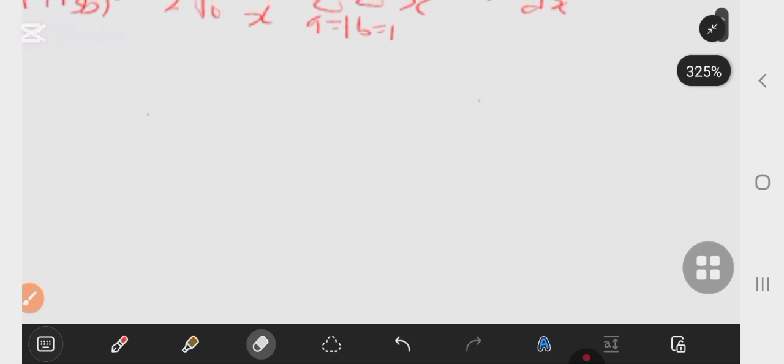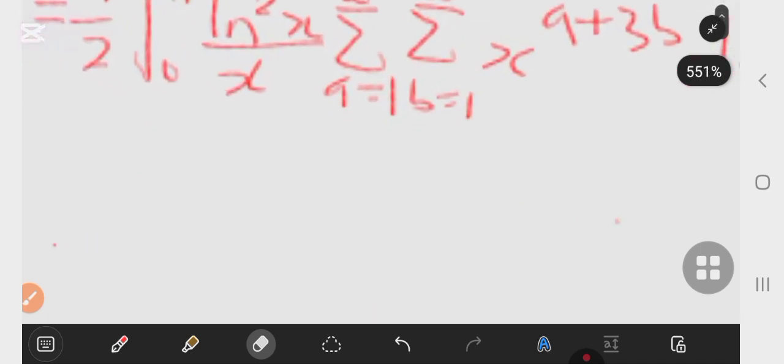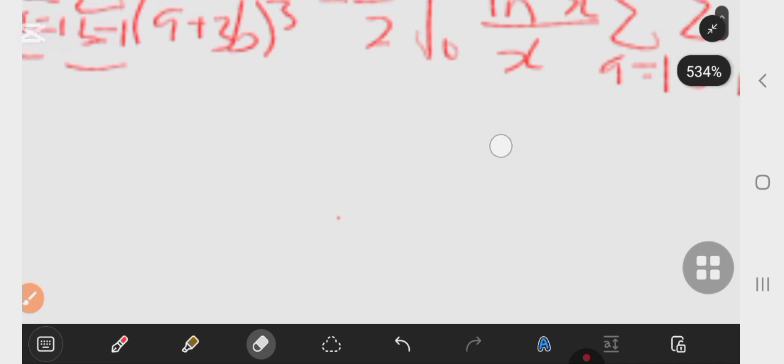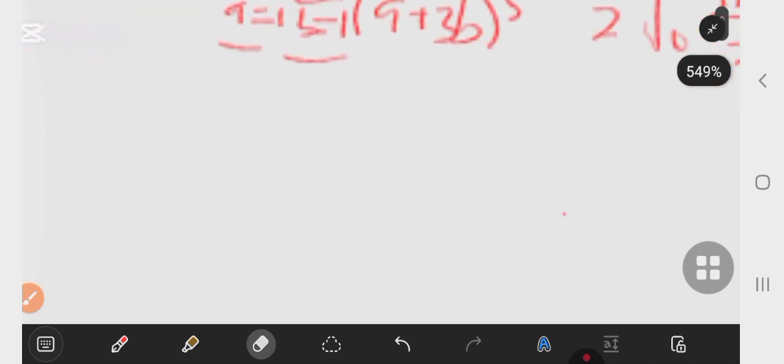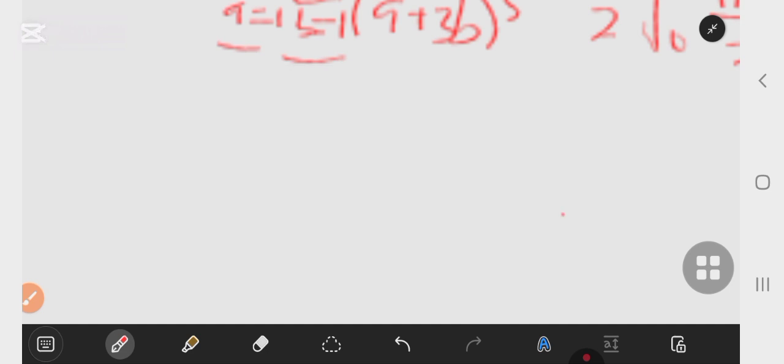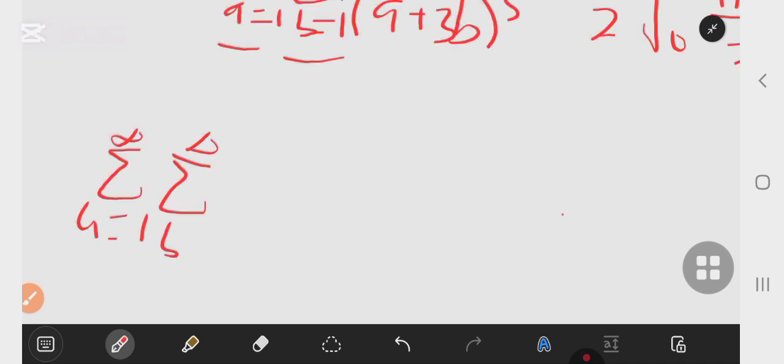Okay, so now look at this sum. There's something I'm going to do now, but without taking the whole expression here. This sum has the sum to infinity of a from 1 and then the sum to infinity of b from 1, all into x to the power of a plus 3b.